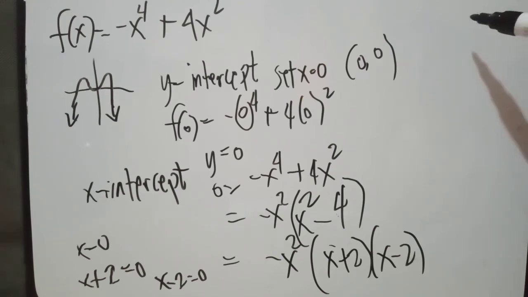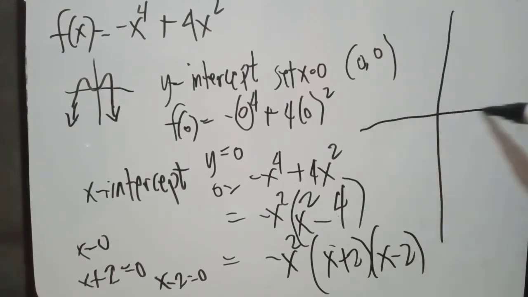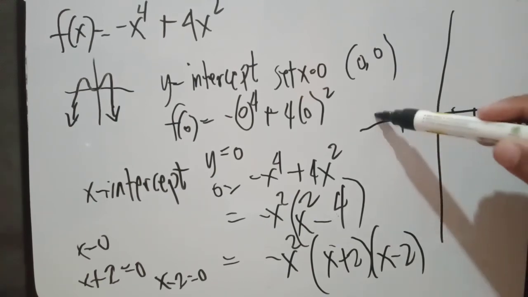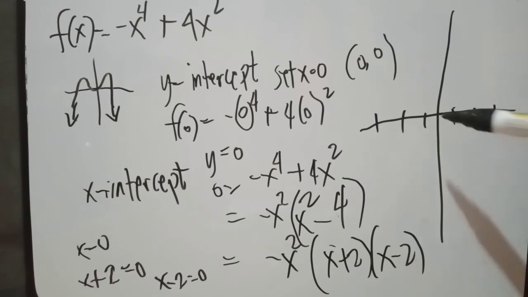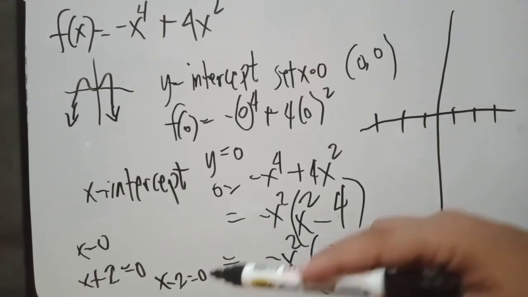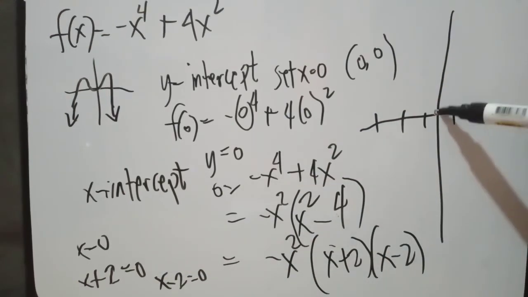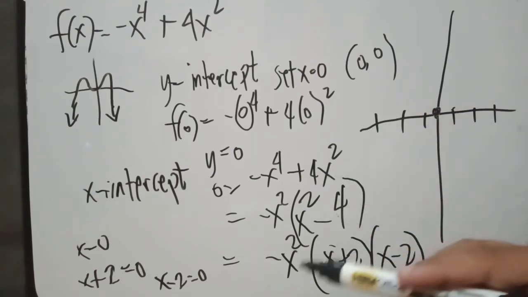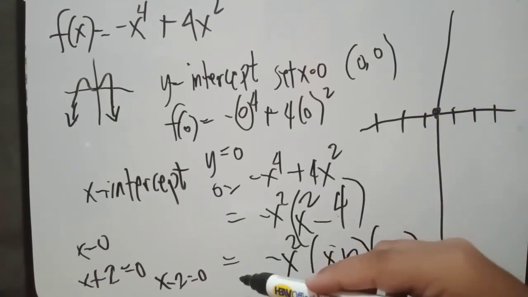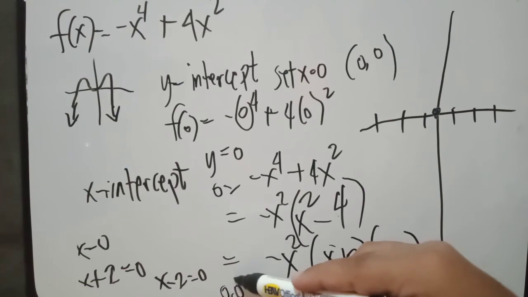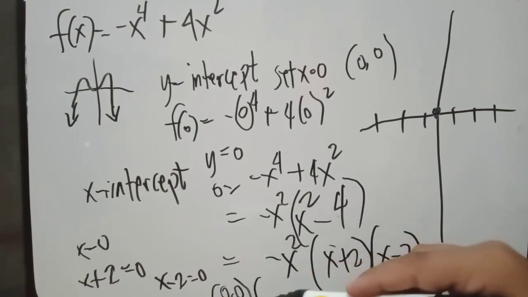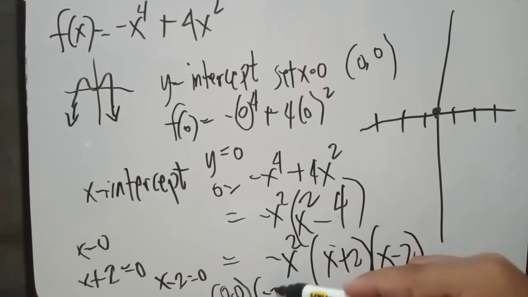If you're going to plot that, we have here (0, 0) for the x-intercept, and then negative 2.